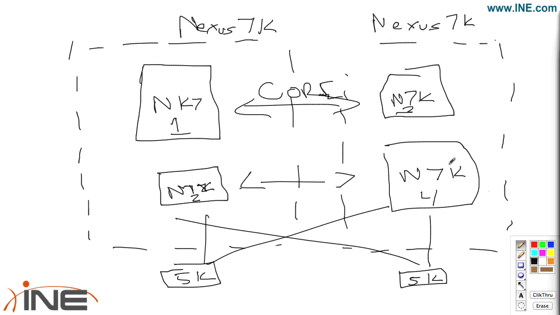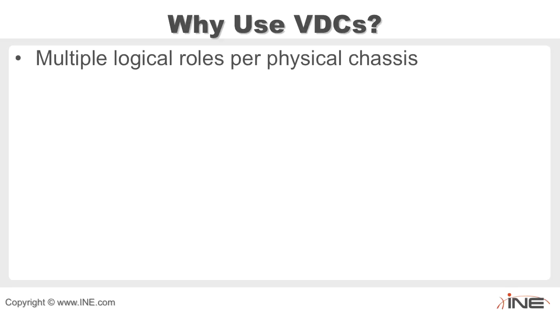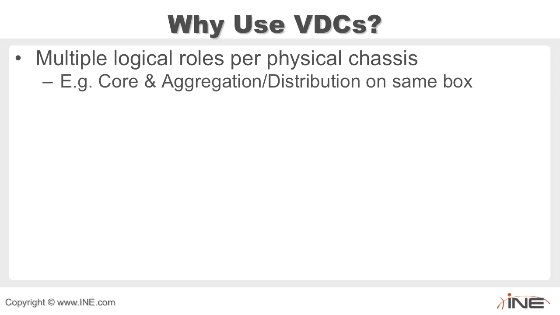But the idea is that I can partition off virtual portions of my Nexus 7K for use in different logical roles in the data center. Okay, so core, aggregation or distribution, being really two words for the same thing, on the same box. That might be one reason.